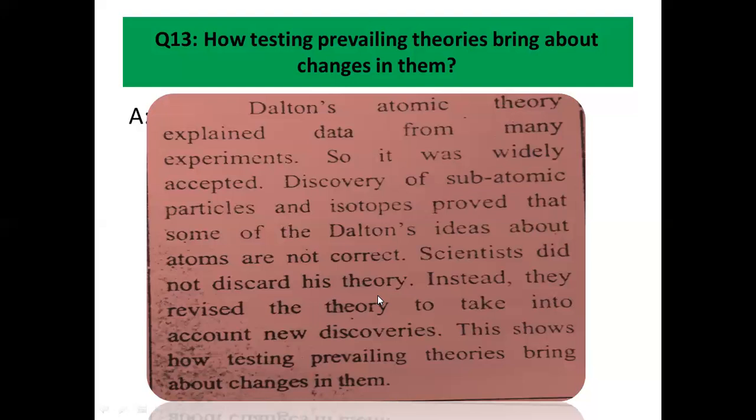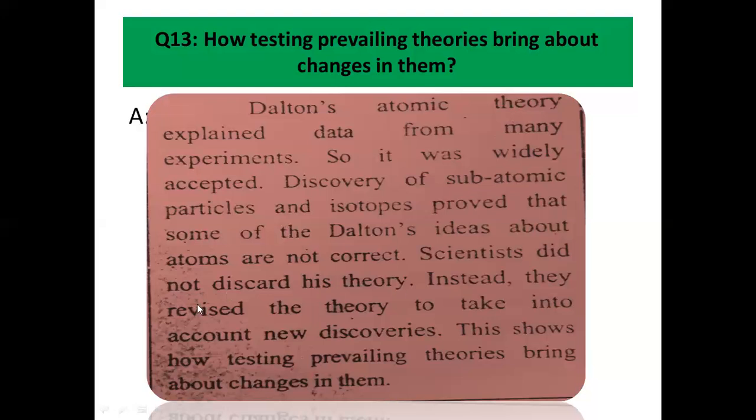The reason is that Dalton's atomic theory gives us a guideline or an idea about the structure of atom. Although some of the postulates in Dalton's atomic theory are wrong, scientists did not discard his theory.